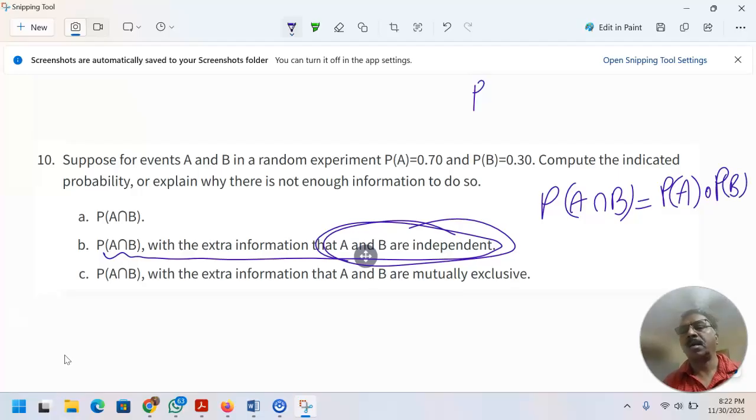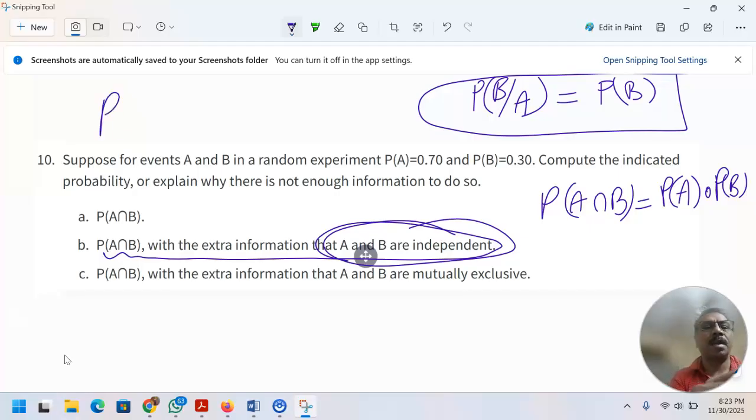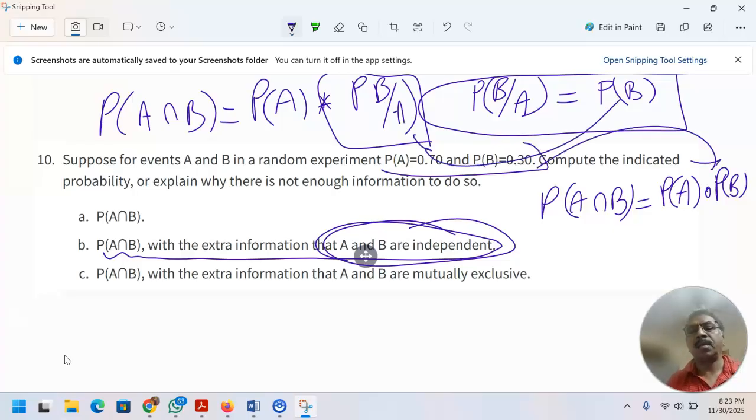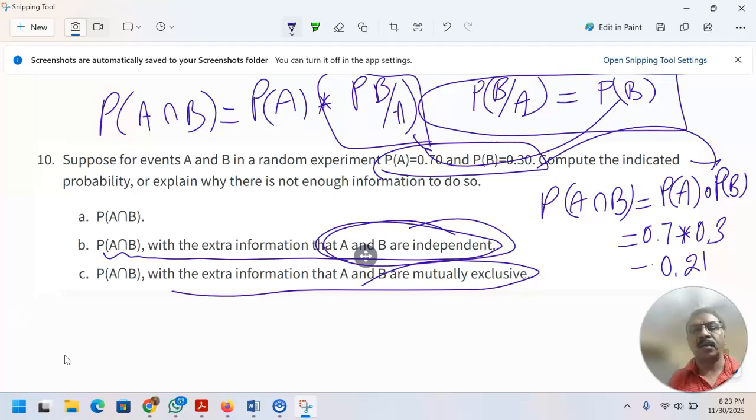If two events are independent, the probability of B when A occurred is the same as the probability of B. And that's why in the multiplication rule, the probability of A and B is the probability of A times the probability of B when A has occurred. So this answer is the same as B, and now you just multiply 0.7 and 0.3, and you get 0.21.